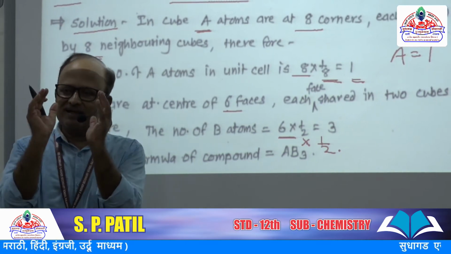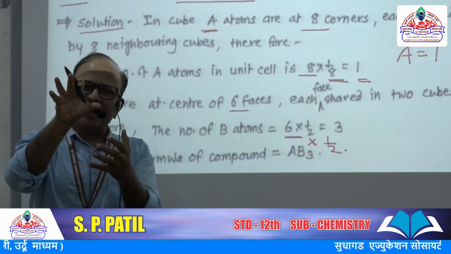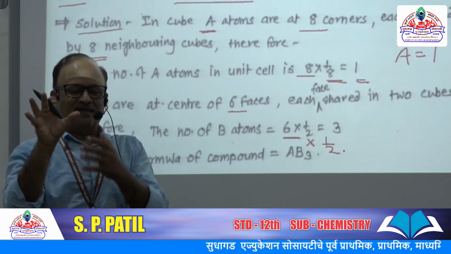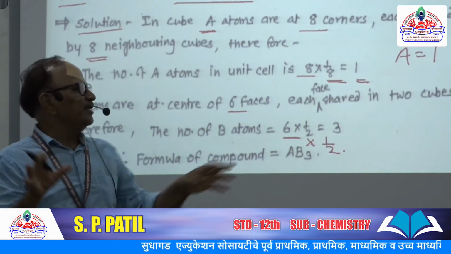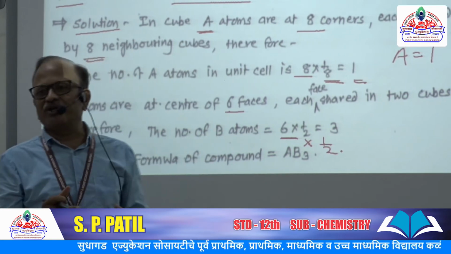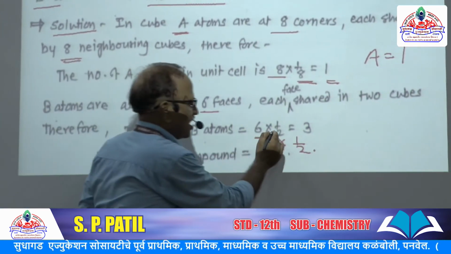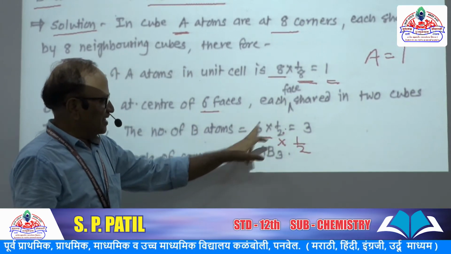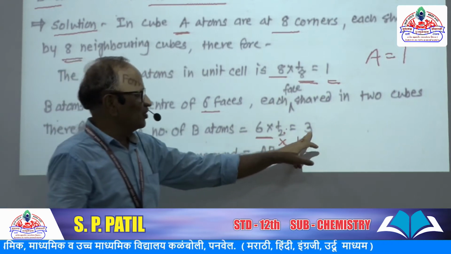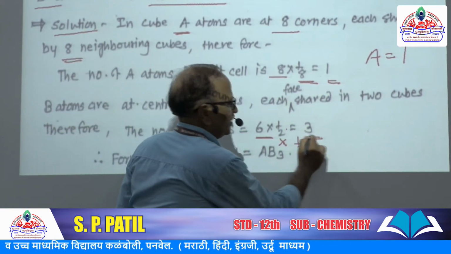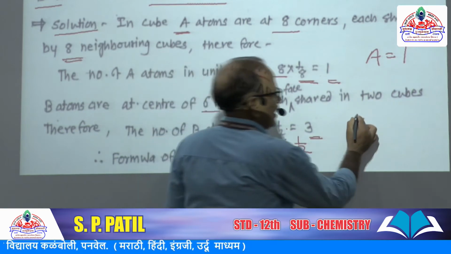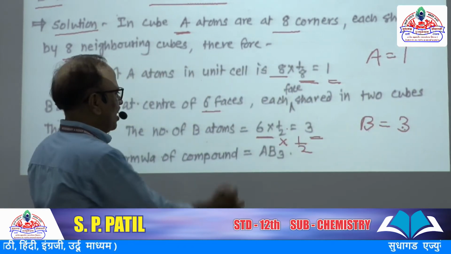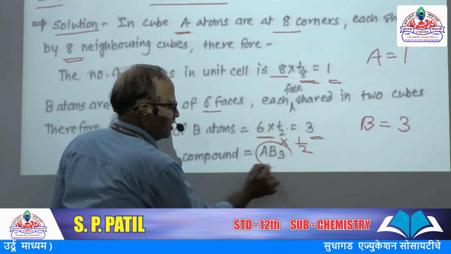Because when one complete sphere is present at a face, its half part is included in that particular cube. So it is considered half a particle. So 6 faces into half a particle is equal to 3. So the number of B atoms is equal to 3. So the formula of the compound is AB3.